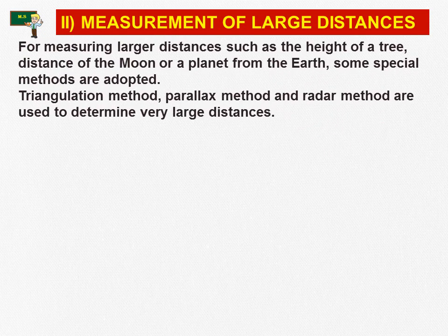For measuring large distances such as the height of a tree, distance of the moon or a planet from the earth, some special methods are adopted. They are triangulation method, parallax method, radar method, which are used to determine very large distances.